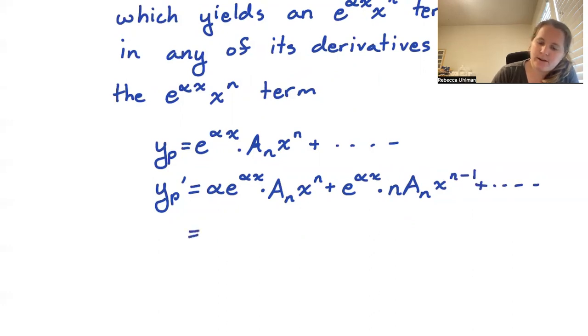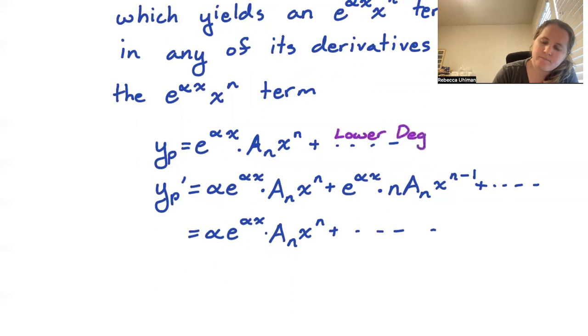And so we're looking at alpha e to the alpha x times an x to the n plus a bunch of lower degree. So anything I'm doing dot, dot, dot is lower degree. So our y prime just has that one x to the n term.